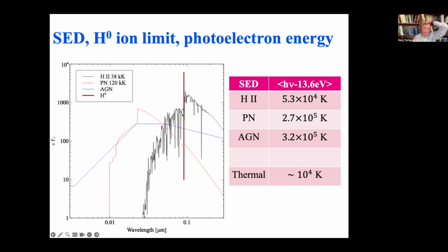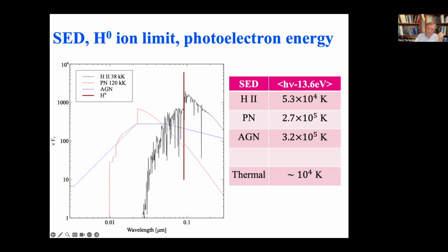What we've done here is average h nu minus 13.6 eV over these three different radiation fields. This gives the mean photoelectron energy. For an H II region, the photoelectrons are not hot. They're 50,000 degrees. The gas temperature in a typical H II region depends on metallicity, but is of order 10,000 degrees.